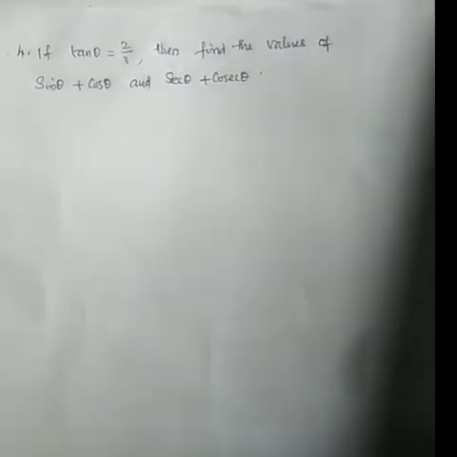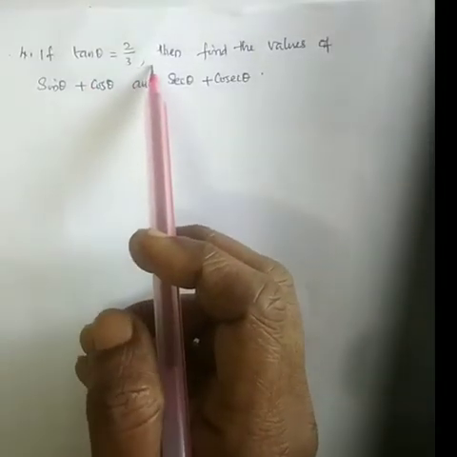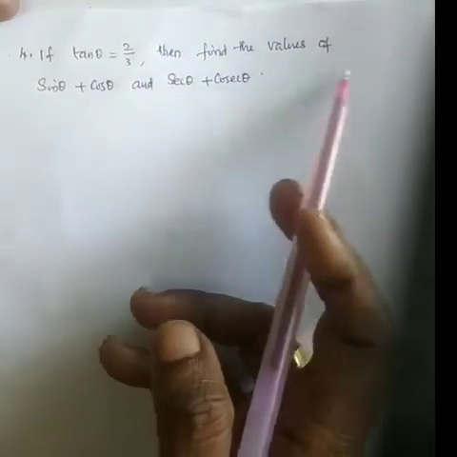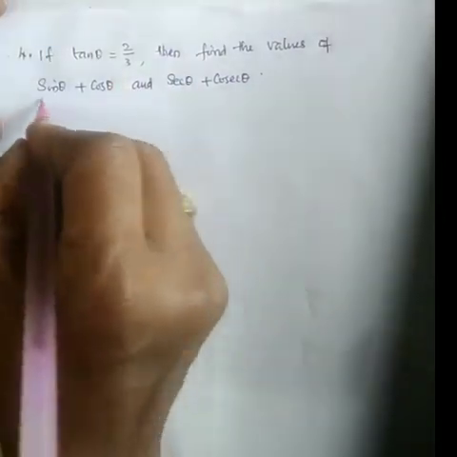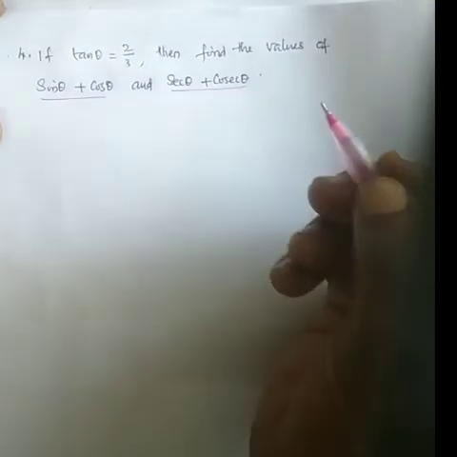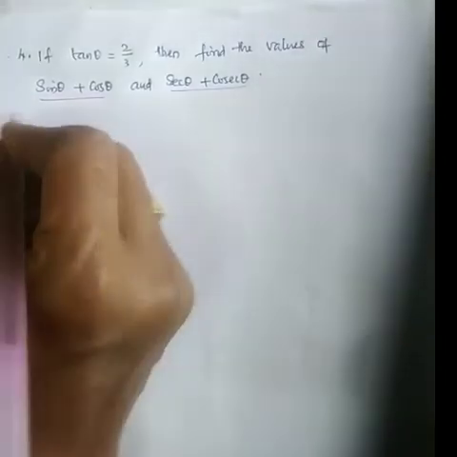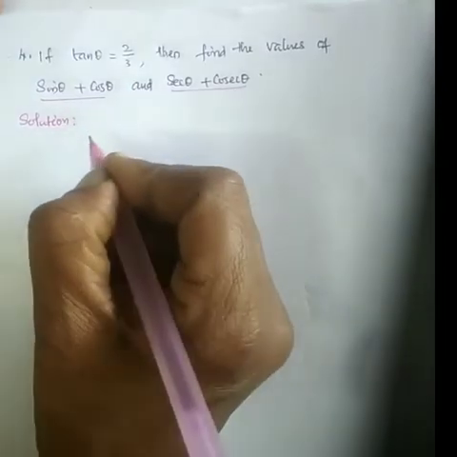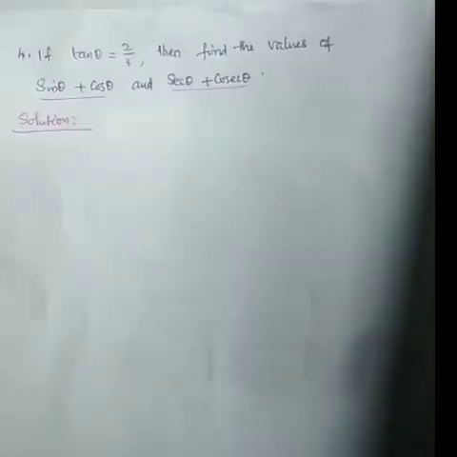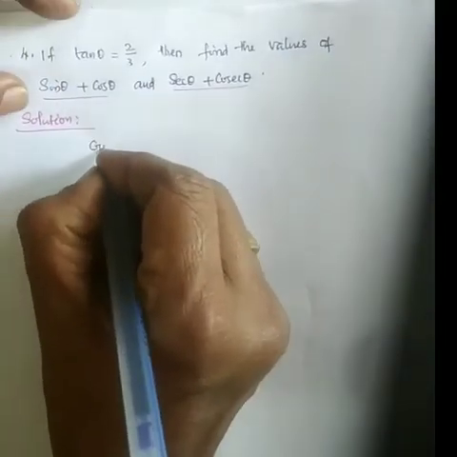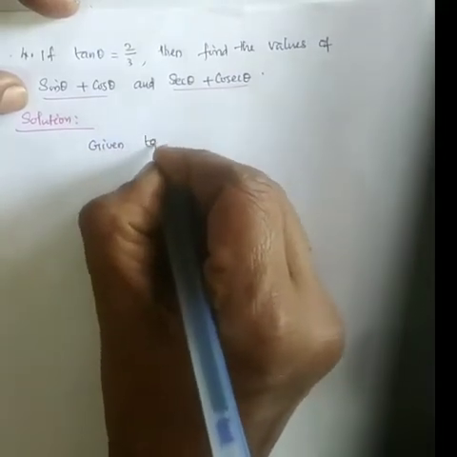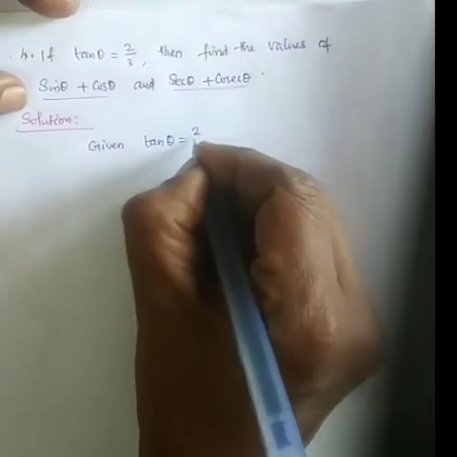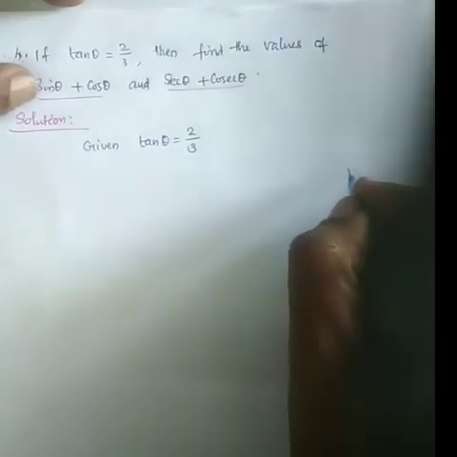See another example. If tan theta is equal to 2 by 3, then find the values of sin theta plus cos theta and sec theta plus cosec theta. See the solution of this problem. Given tan theta equal to 2 by 3.